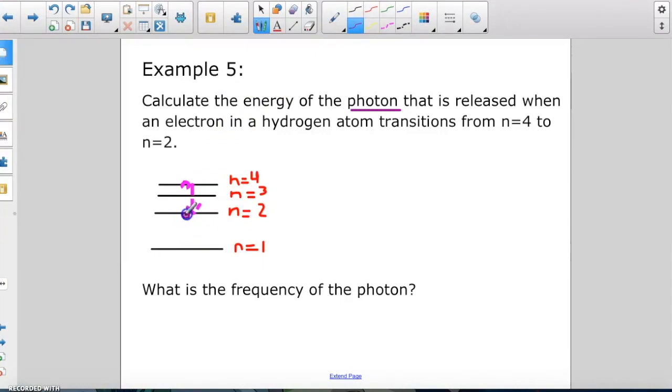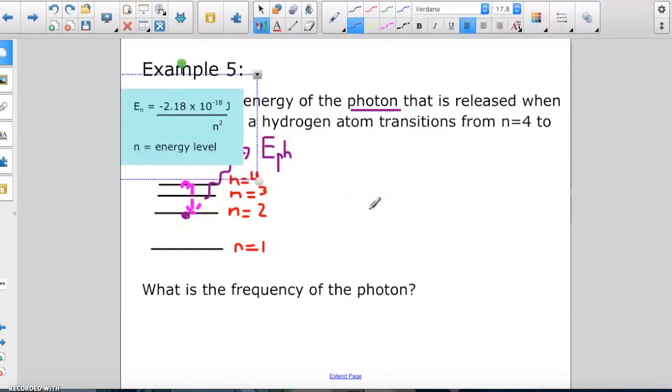When the electron that used to be here in N4 goes back down to N2, it releases a photon of energy, and we want to know the energy of that photon of light that was released when the electron jumped from N4 all the way back to N2. That is what we want to calculate.